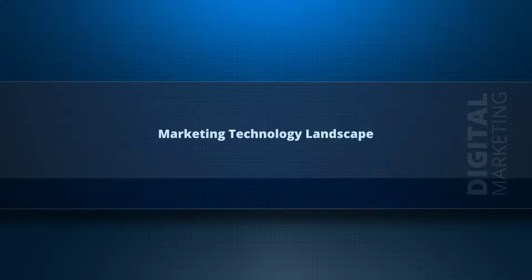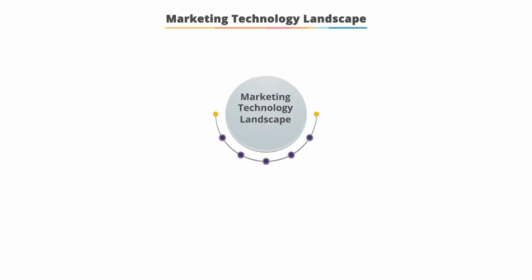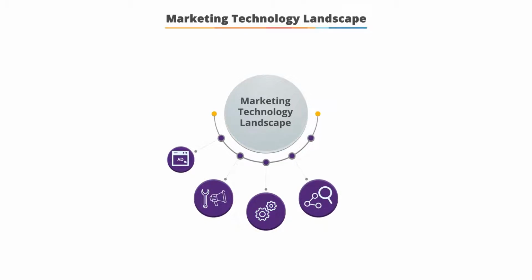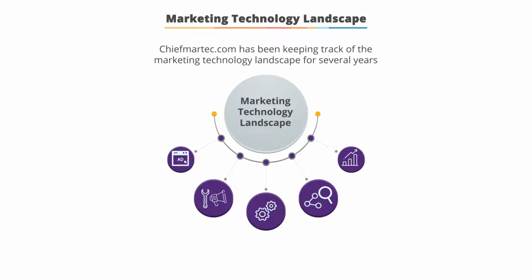The marketing technology landscape. So this is the evolution of the marketing technology landscape of ad networks, marketing tools, CRM tools, social media monitoring tools and analytics, and all those technologies. In fact, ChiefMartech.com has been keeping track of the marketing technology landscape for several years.